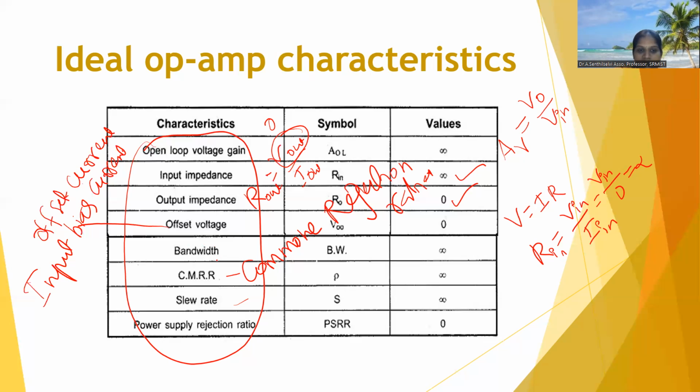Next one is bandwidth. What is bandwidth? The ideal amplifier has infinite bandwidth. It means that for the input frequency, what is frequency?